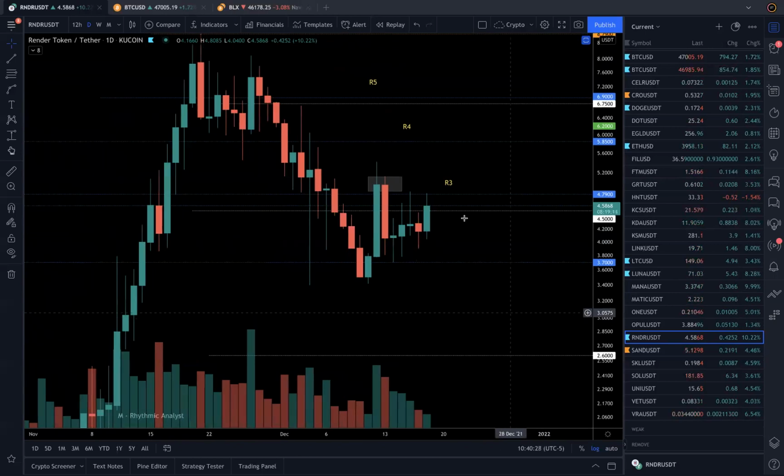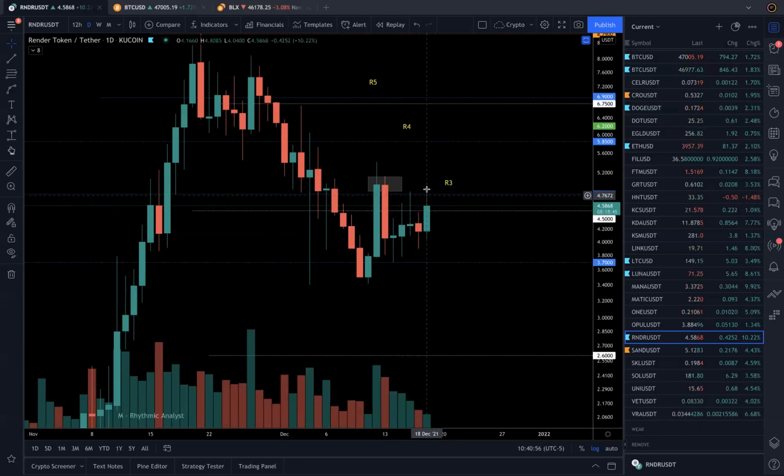So that's strength. In other words, if 3.7 is taken down, right? If this is broken, then RNDR would look for 2.6. Okay, so let's have that understanding. So far so good. If it breaks above R3 convincingly, right?